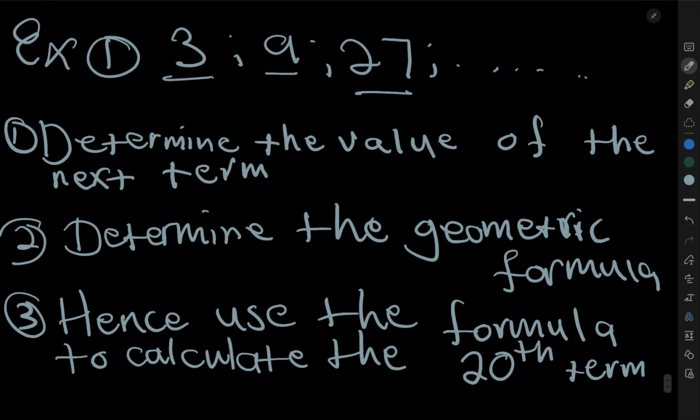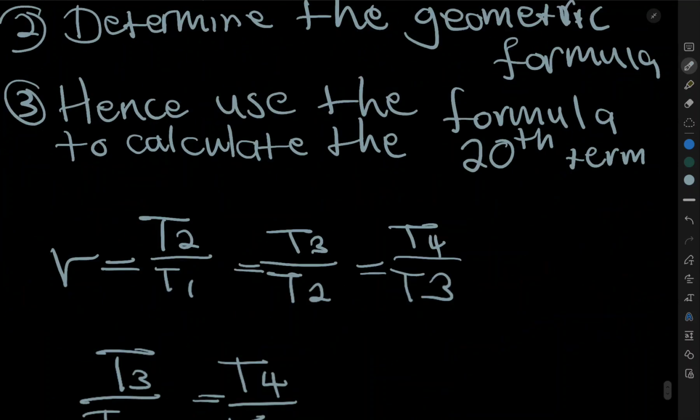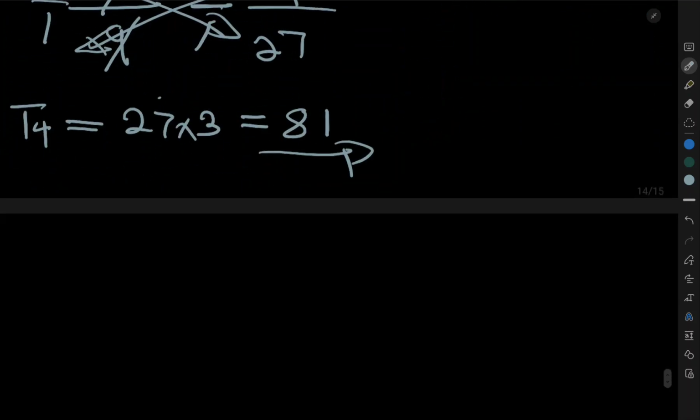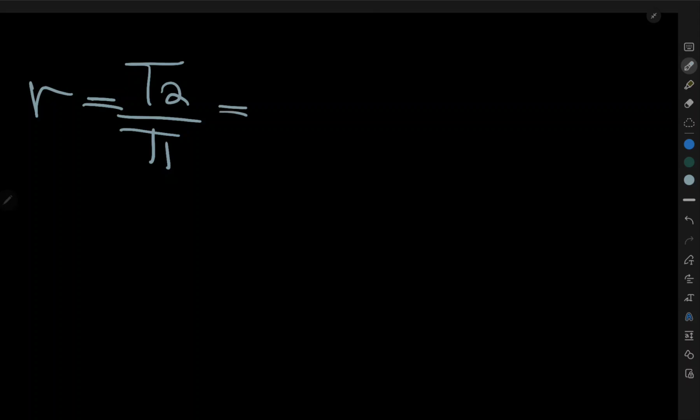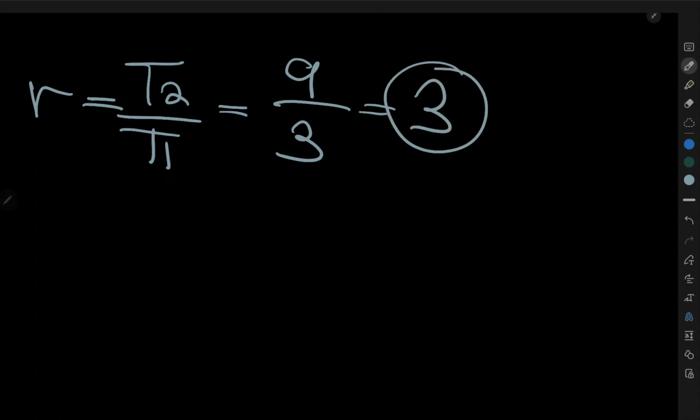So question number 2. Question number 2 says determine the geometric formula. So now we need to determine what our ratio is. We just say t2 over t1, or we can just use any one of the terms, and we know that t2 is 9 and t1 is 3, so we know that our r is 3.